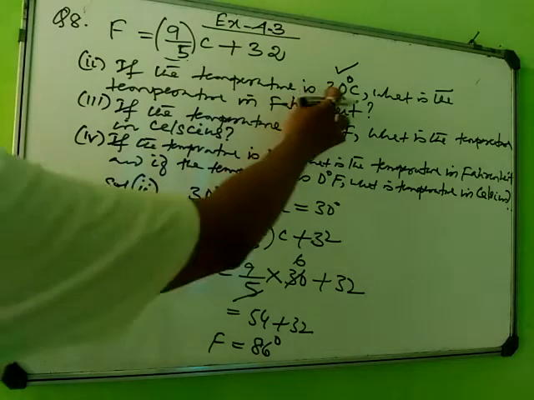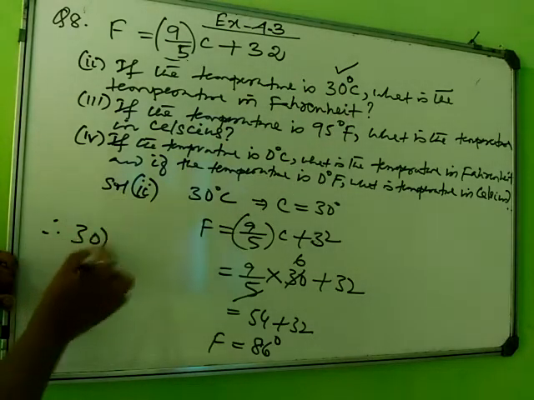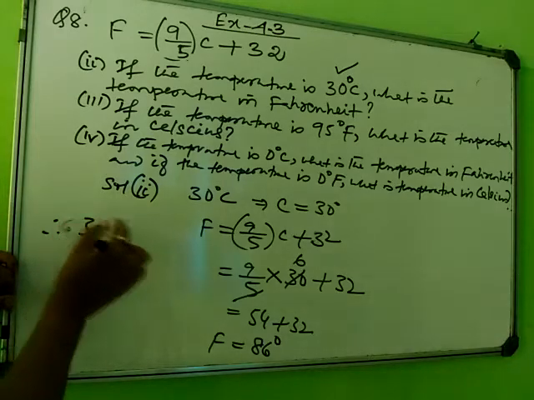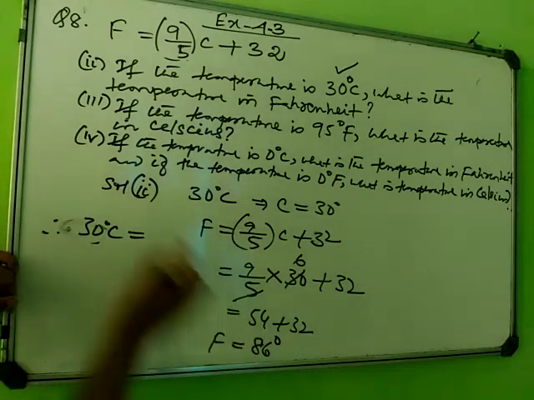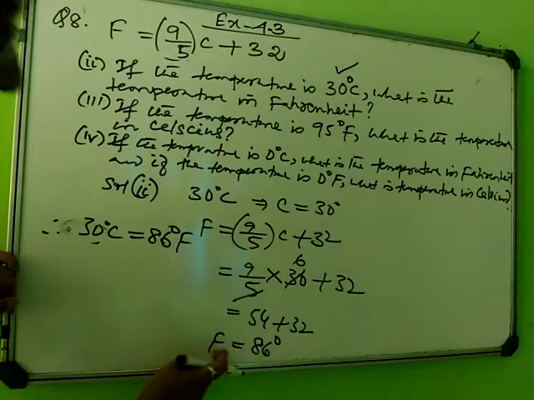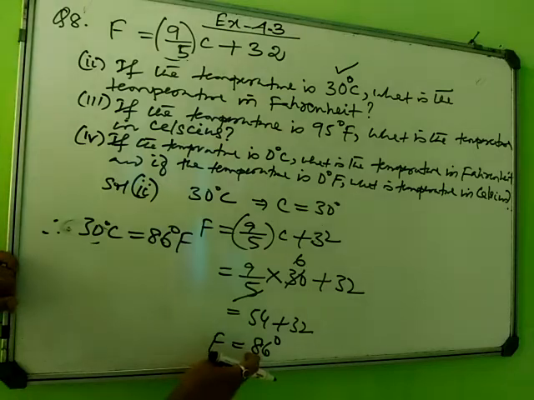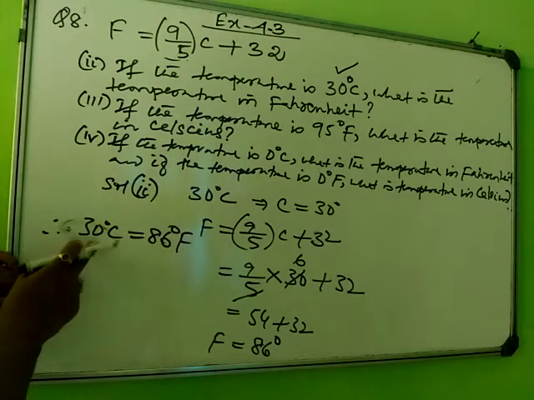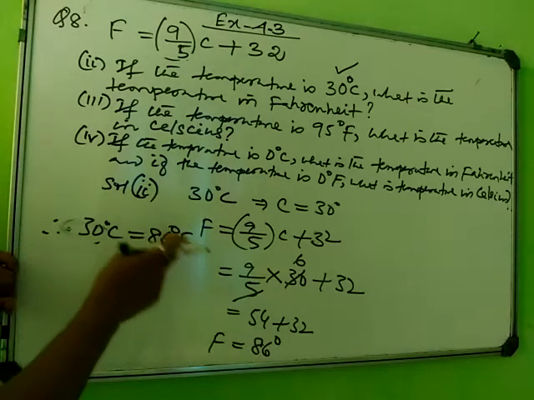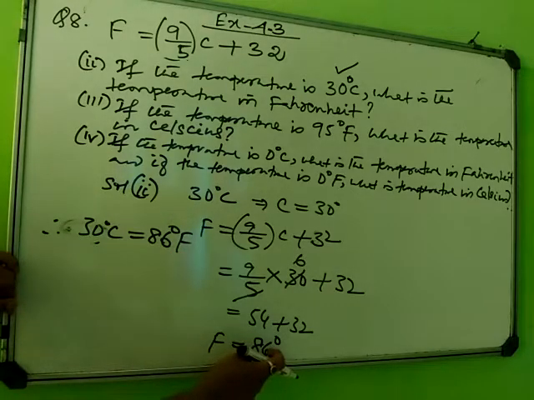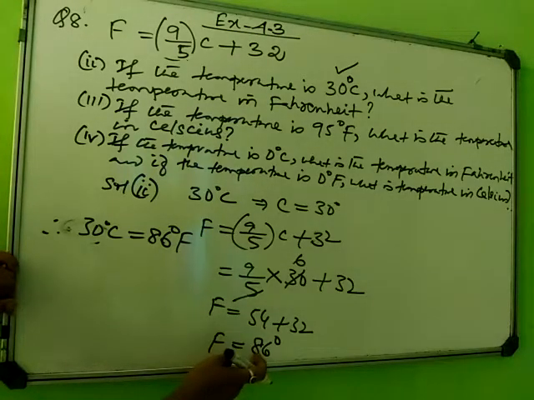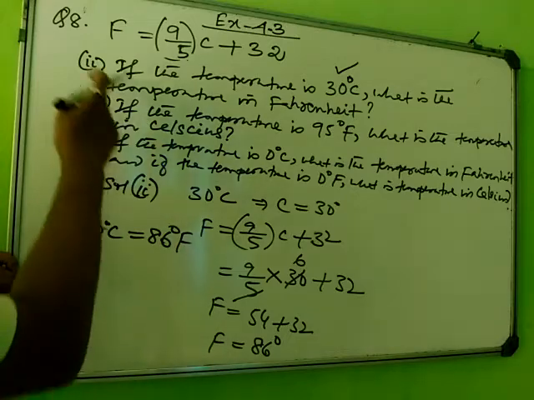Therefore I can say 30 degrees Celsius equals 86 degrees Fahrenheit. So the temperature of 30 degrees Celsius is equivalent to 86 degrees Fahrenheit. This is the value of F, and this is number 2.